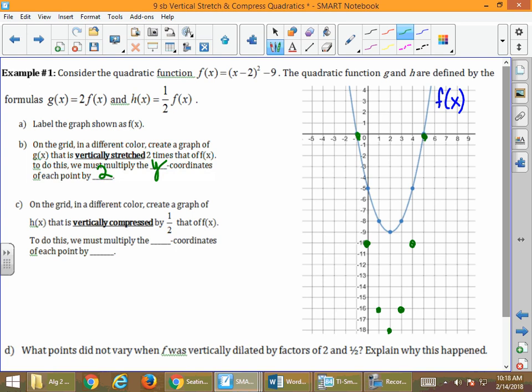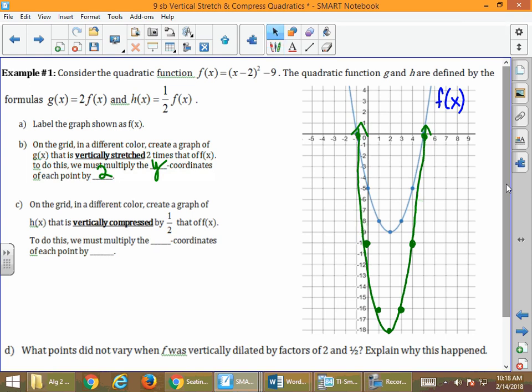And what we just did when we multiplied all of those y values by 2, as you draw your quadratic, you can see is we elongated that. We stretched out the blue graph into the green graph. And you can see how it's elongated, how it's stretched.